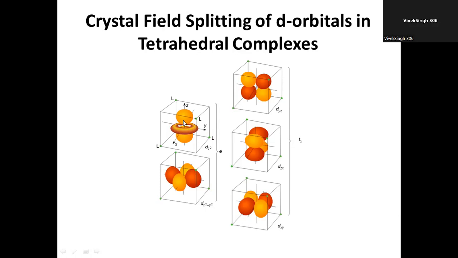These e_g orbitals are far from the ligands, whereas the t_2g orbitals are a bit near to the ligands that are approaching.